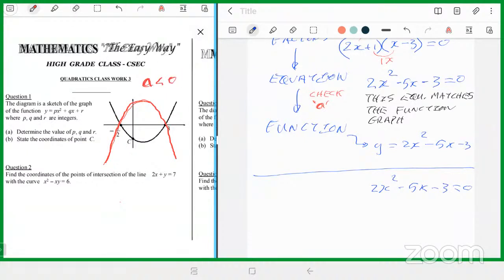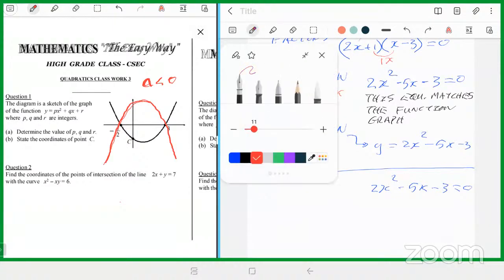In a frown quadratic graph, the squared term is negative, meaning the A value is negative. Since in this equation the A is positive, the equation would not match the red graph. So we would have to say this is not a match.